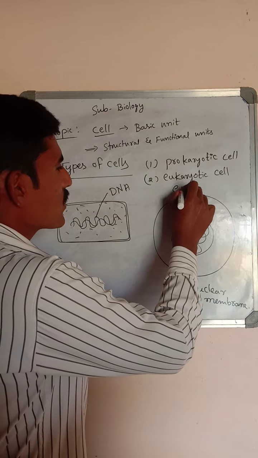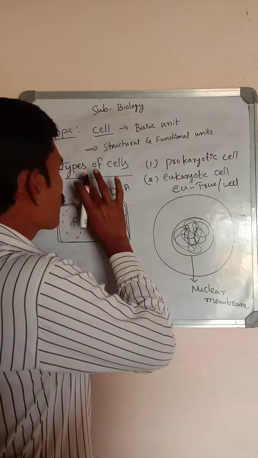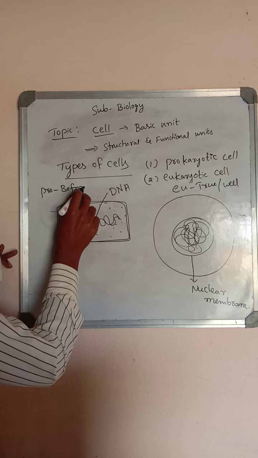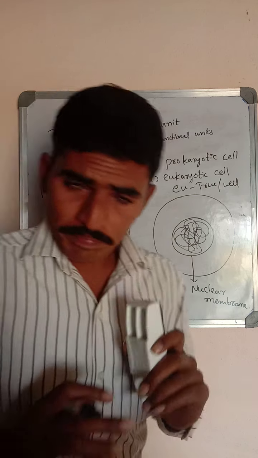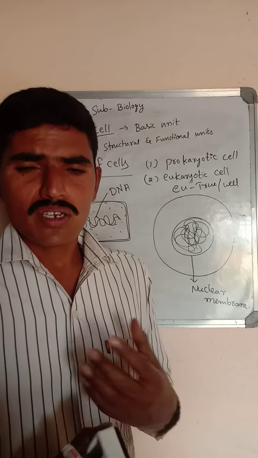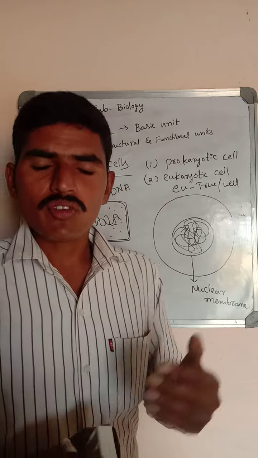Eu is nothing but true or well. Pro means before, meaning first, they looked like that. Karyon means nucleus. It is derived from the Greek word.